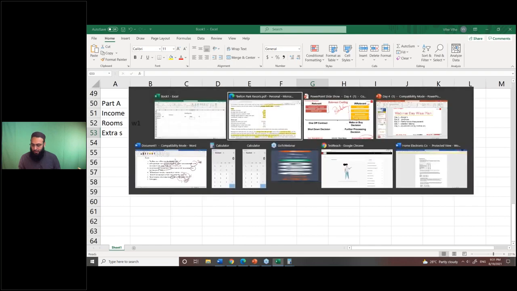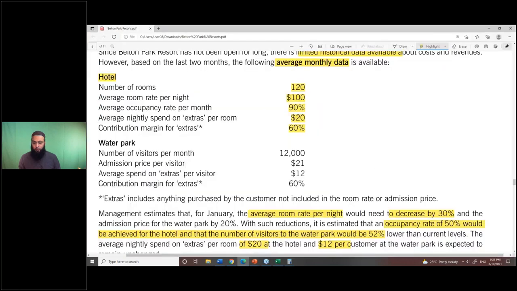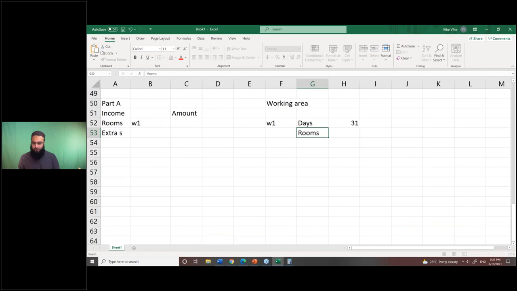How many rooms do we have? 120 rooms we have. So total availability is how much?